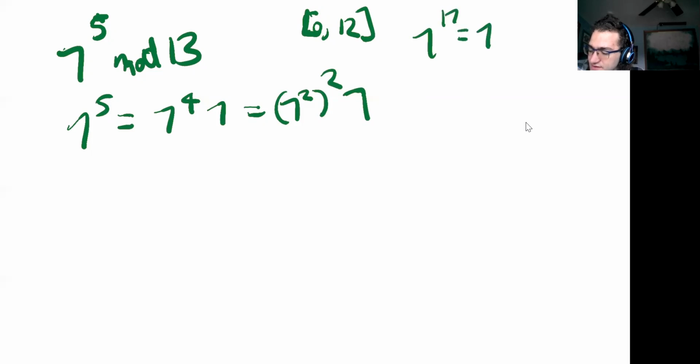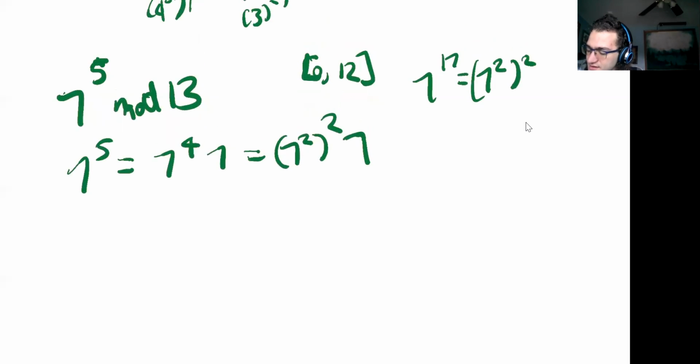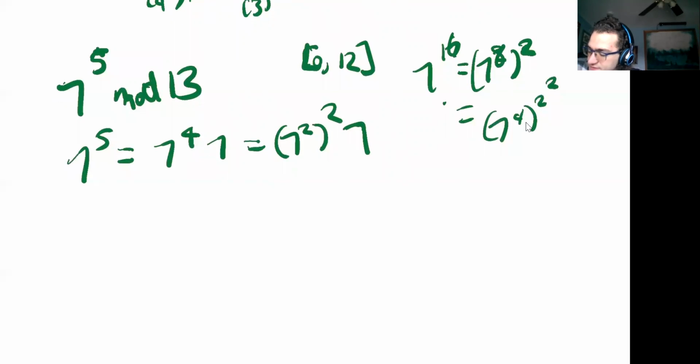I'd have to find 7 squared, that's equal to 7 to the 4th, and I could square that again. Or maybe 7 to the 8th, if I'm finding 7 to the 16th, and 7 to the 8th is equal to 7 to the 4th squared, and then 7 to the 4th is equal to 7 squared squared.